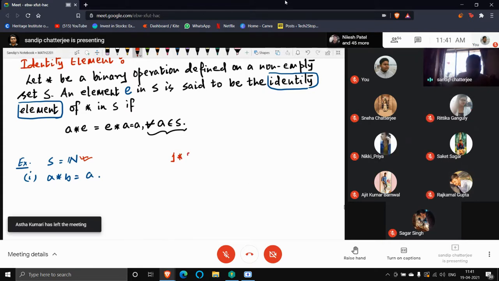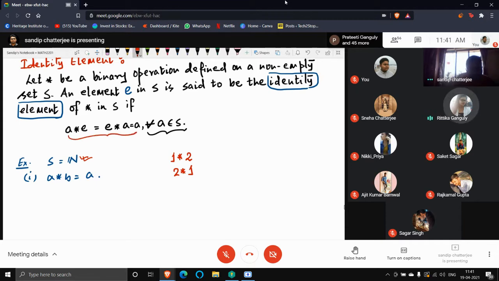So 1 operated with 2 and 2 operated with 1 should be the same as per the definition. Now, as per the definition of your operation, what is 1 operated with 2? 1. And what is 2 operated with 1? 2.